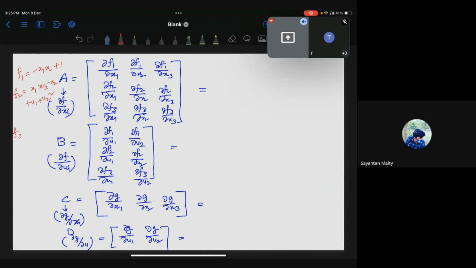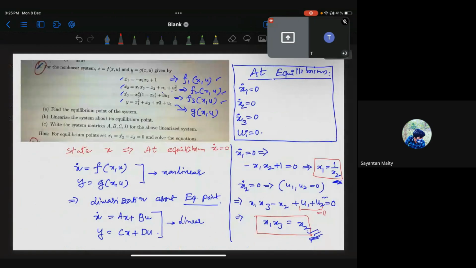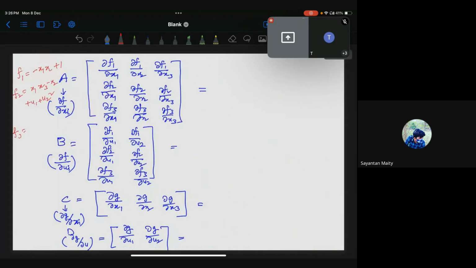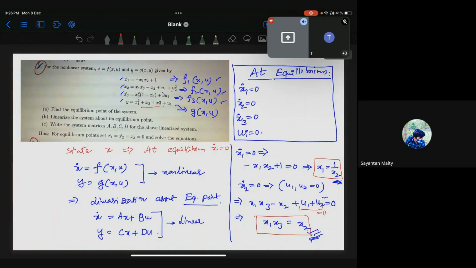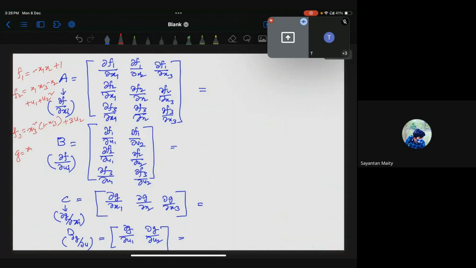Then F3 is X3 square into 1 minus X3 plus 3U2. Then finally Z is nothing but the last one, that is X1 square plus X2 plus X3 plus U1.